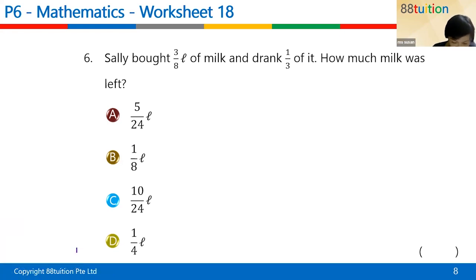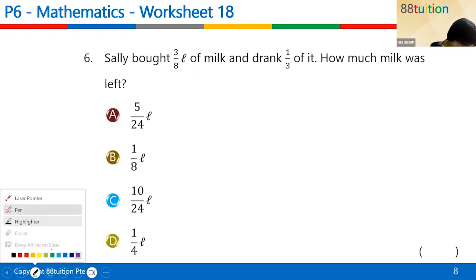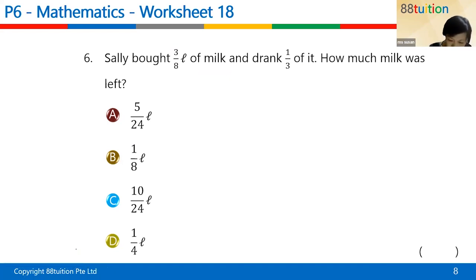Sally bought, this is what he bought. Okay, this is too dark. So this is what he bought, and then this is what he drank. So he must have left something, right? So what is the amount that he left?